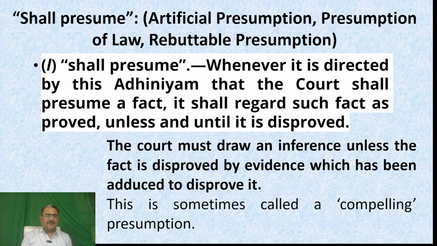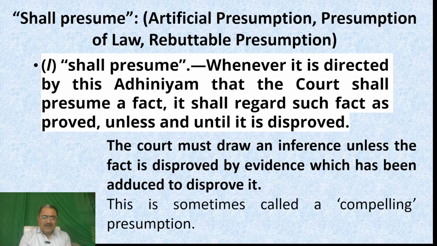By and large, what we find is "shall presume." So when we say artificial presumption or rebuttable presumption of law, the words used in the Evidence Act or the Bharatiya Sakshya Adhiniyam are "shall presume." We call it artificial presumption. Why do we call it artificial presumption? The reason being that law artificially imposes an obligation that the court has no other option but to presume that fact.